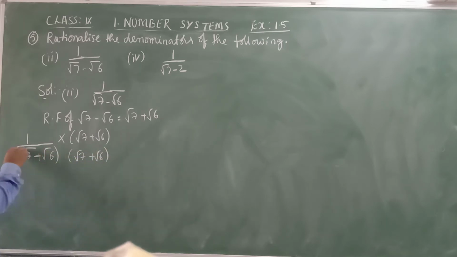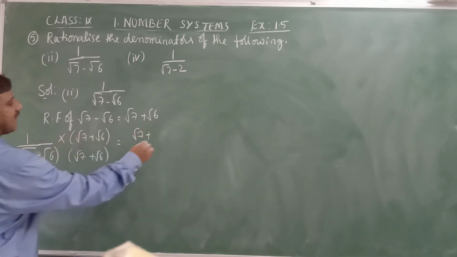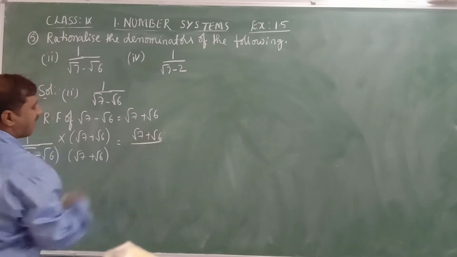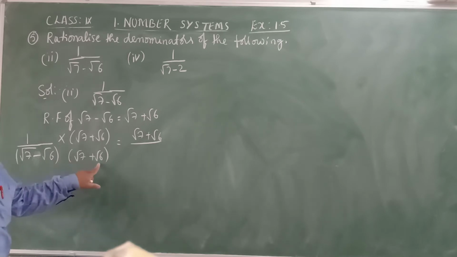Now when you multiply with 1, we get the same number: 1 into root 7 is root 7, plus 1 into root 6 is root 6, divided by root 7 minus root 6 into root 7 plus root 6.